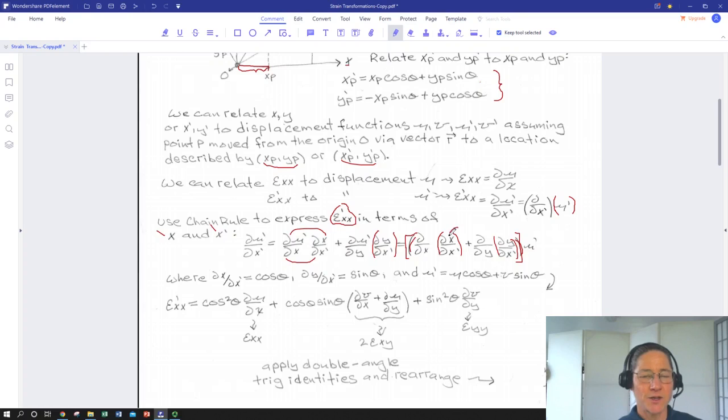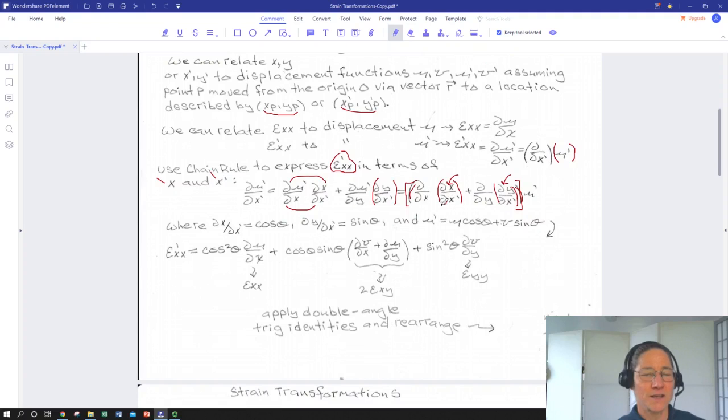So we're going to have a geometric term for the change in x with respect to x prime and the change in y with respect to x prime. Then we're going to have differential operators with the reference coordinate system, something we know, that are going to operate on this displacement in the new coordinate system.